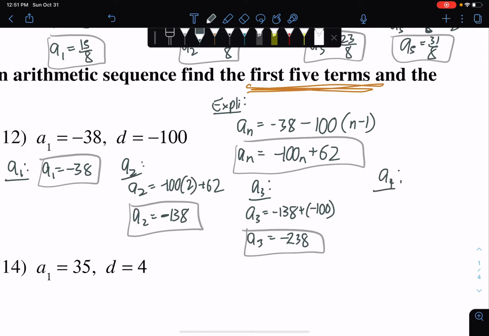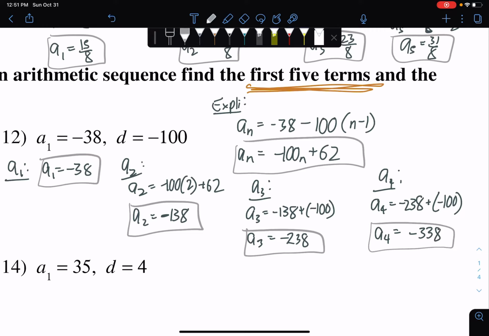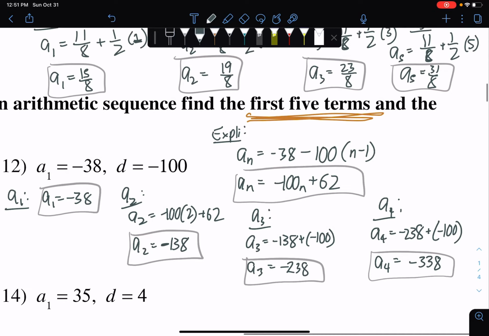For a sub 4, which is here, a sub 4 is equal to negative 238 plus negative 100. a sub 4 is equal to negative 338. Alright, so for a sub 5, we'll just add another negative 100 to negative 338. Our answer would be negative 438.